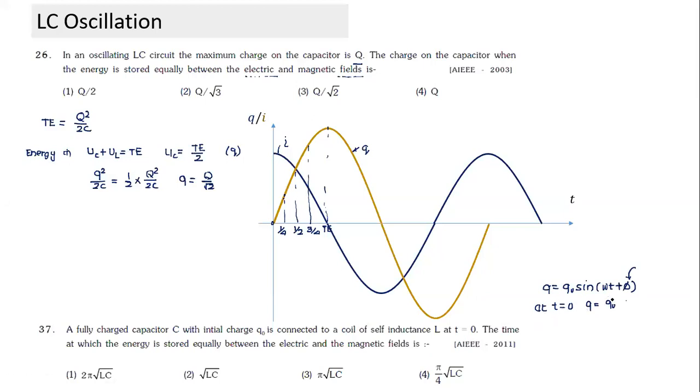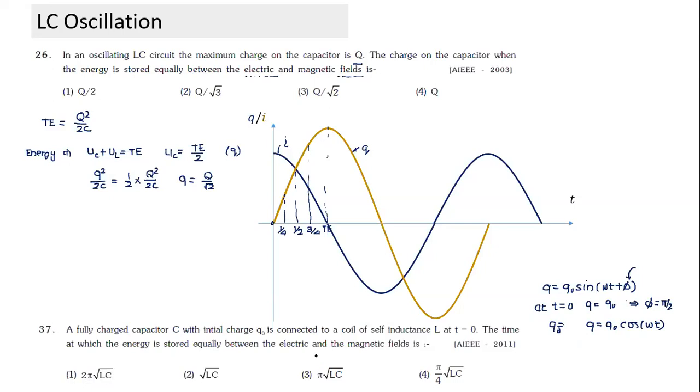Phi has to be equal to pi by 2. So I can write Q is equal to Q naught cos of omega t.